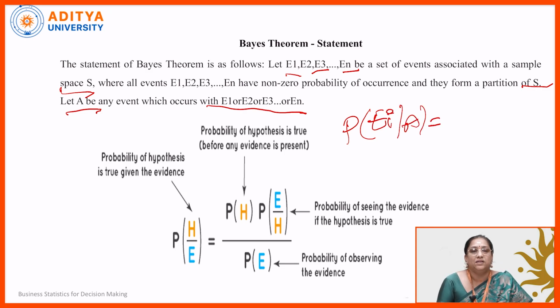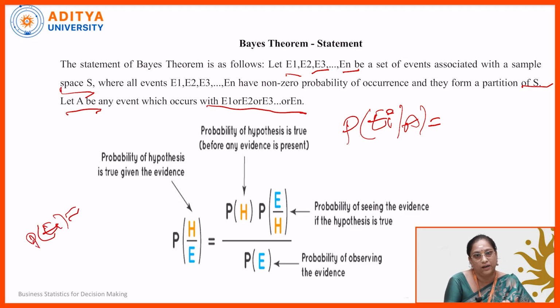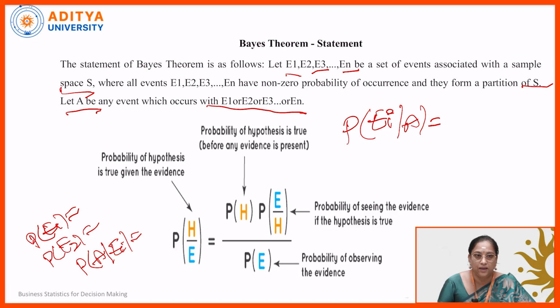Normally Bayes' theorem is called the revised theorem. Initially we might have P of E1, the probability of occurrence of event E1, P of E2, the probability of occurrence of E2, and so on, and the probability of occurrence of an event A in connection with the events Ei, which we can calculate. Bayes' theorem comes into the picture when new evidence is added to the phenomenon. What is that new evidence?